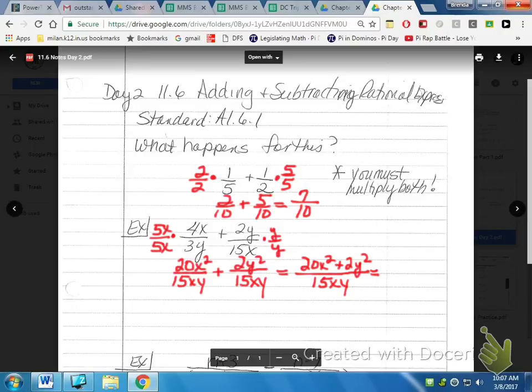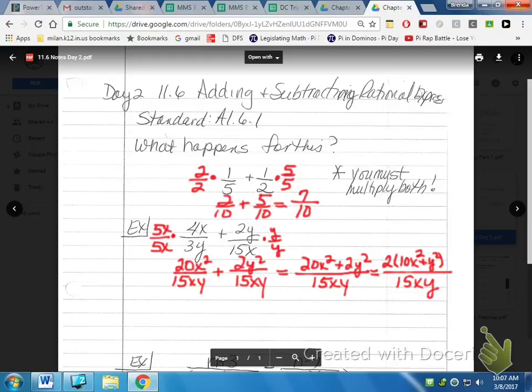So out of 20x squared plus 2y squared, are there any greatest common factors? 2. So I'm going to factor out a 2. If I divided 2 out of the 20x squared, what's left? 10x squared. And if I divided 2 out of the 2y squared, what's left? y squared. And then that would be over 15xy.